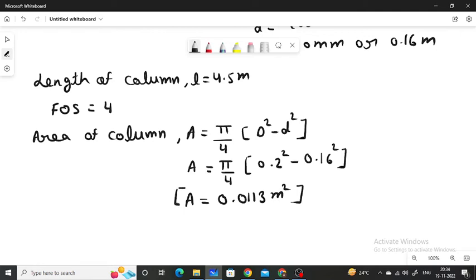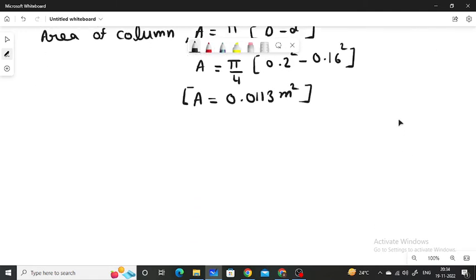The cross sectional area of the column will be 0.0113 meter square. Now the least moment of inertia of the cross section will be equal to pi by 64. Section is circular, so moment of inertia will be constant about x and y axis.